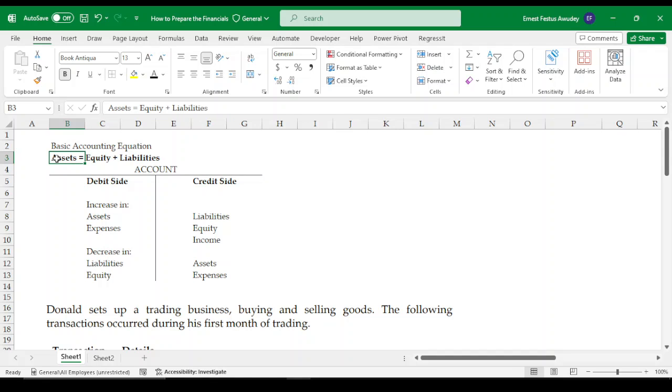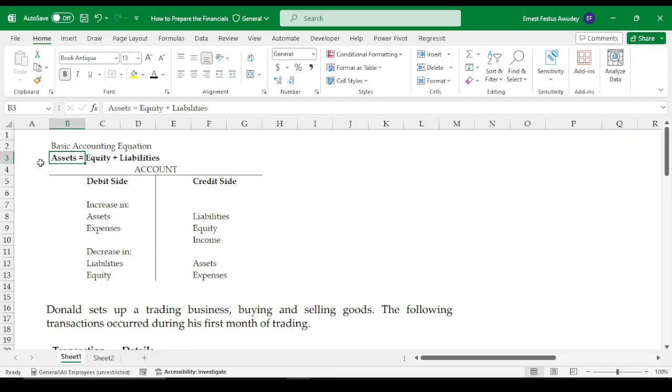In its simplest definition, we can say that assets are all the properties and everything you own. The key word here is own. So everything you own, and then accountants, we add another term called control. Anything you own or control becomes your asset.